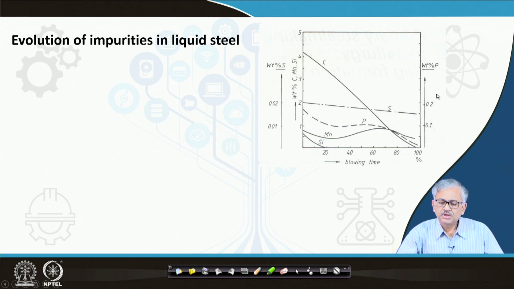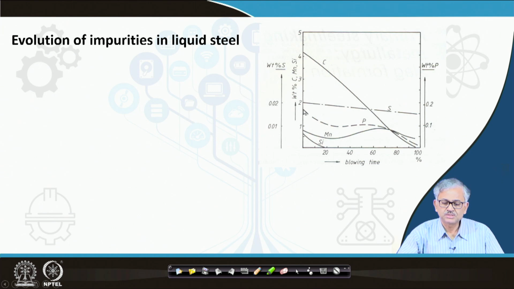Phosphorus is given separately on its own axis because it varies from basically 0.1 to 0.2, while the other impurities are a little higher. The starting carbon percentage is more than 4%.